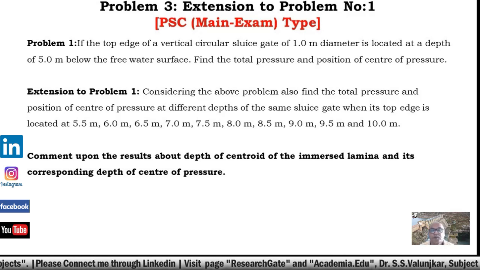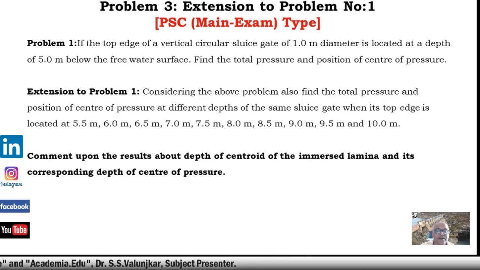So considering the above problem, also find the total pressure and the position of center of pressure at different depths of the same sluice gate when the top edge is located at 5.5 meter, 6.0 meter, 6.5 meter, 7.0, 7.5, 8 meter, 8.5 meter, 9 meter, 9.5 meter and 10 meter, and comment upon the results about the depth of centroid of the immersed lamina and its corresponding depth of center of pressure.